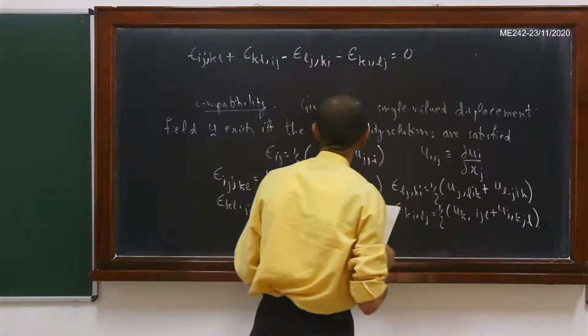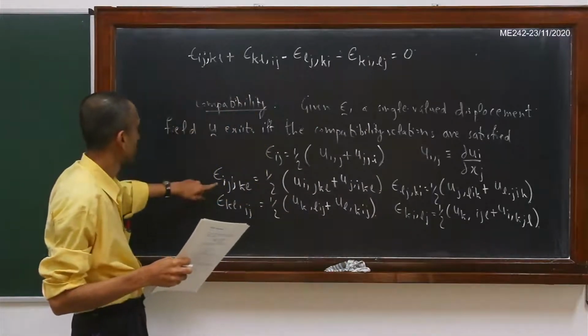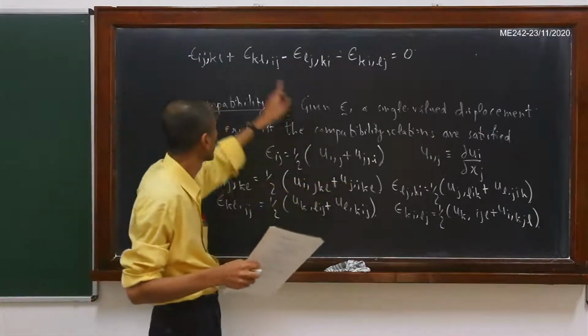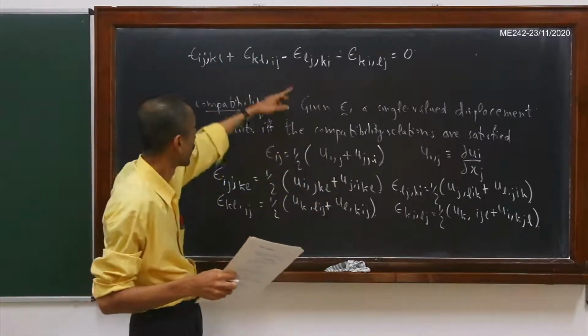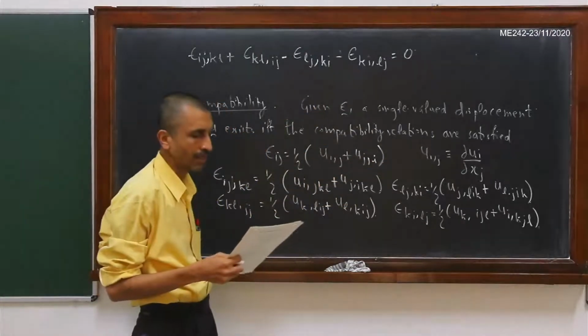So that is just if you substitute. For ij comma kl, you substitute this particular expression here and so on. Okay, so when you substitute all these expressions, you will see that the sum is equal to 0.